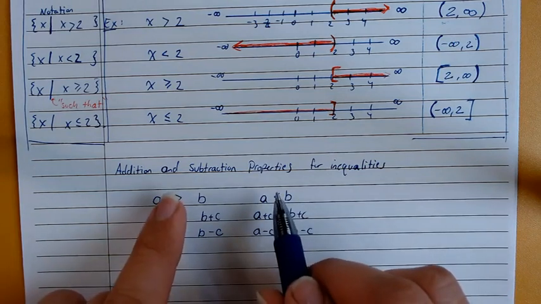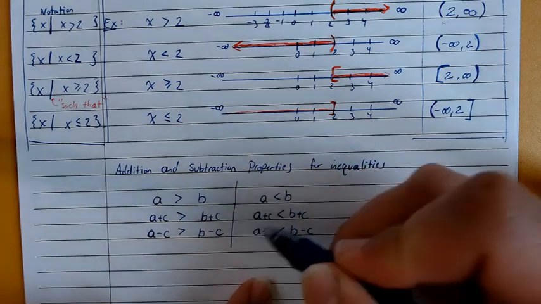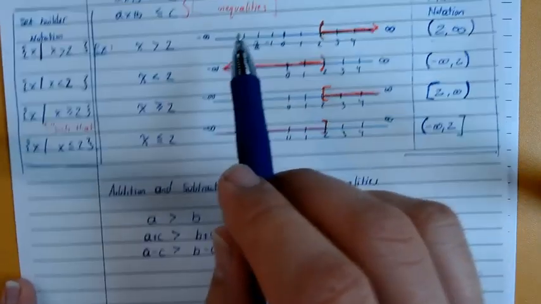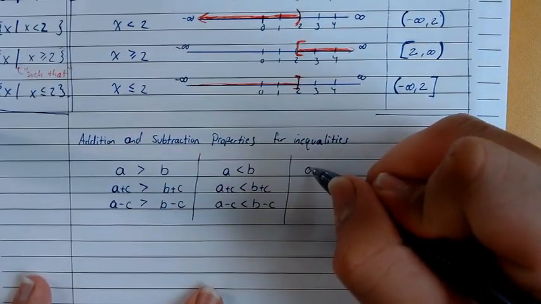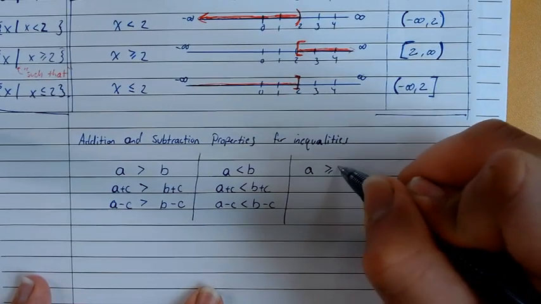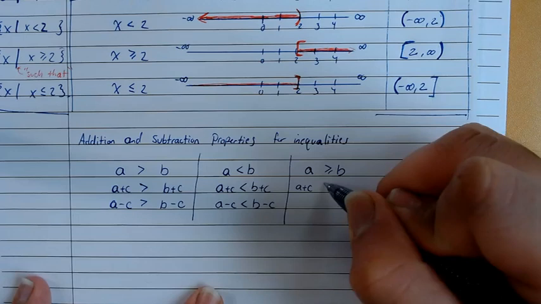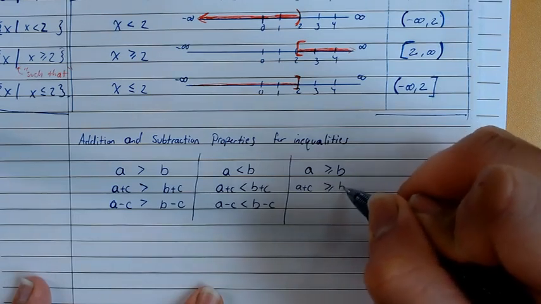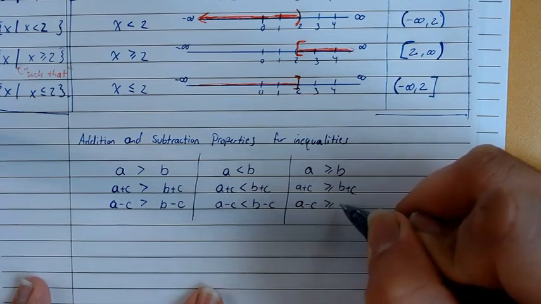And that happens whether your inequality starts off as a greater than or a less than, or if it's an inclusive inequality, it maintains that as well. So if I start off with A is greater than or equal to B, and then I add something on both sides, well then it'll still be greater than or equal to. And the same thing will happen if I subtract something on both sides.